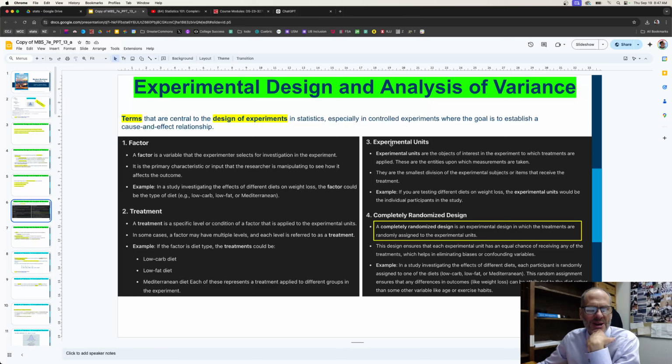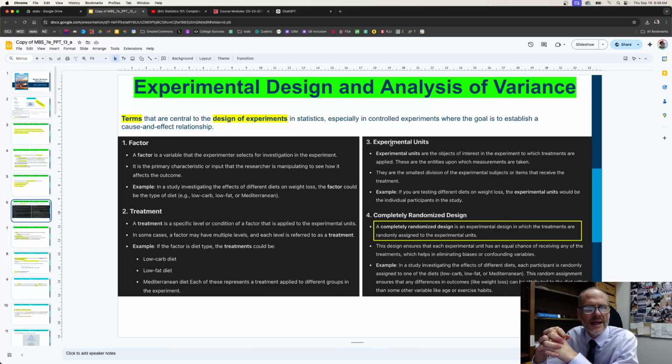Well, I guess we'll learn about it right now. An experimental unit, like in the diet example, would be the subjects or the elements that you are applying factors or treatments to, to see if it changes the outcome. So in the diet analogy, it'd be the different people.